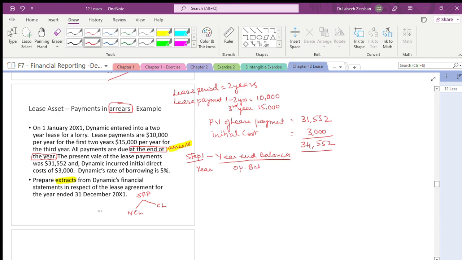You are talking in terms of arrears, so you have to calculate interest on opening balance. This is the only difference. Interest is at the rate of 5%, then we have payments, and then the closing balance.